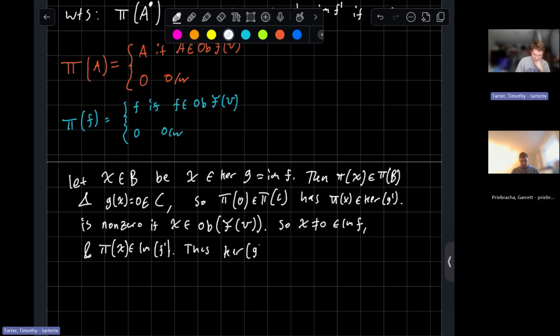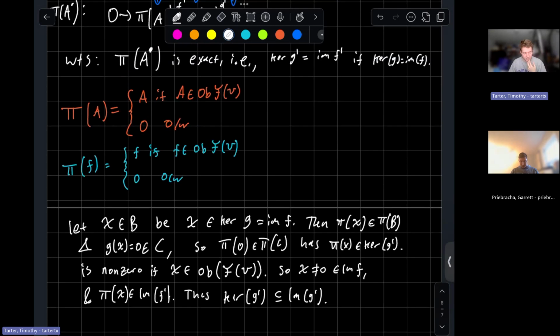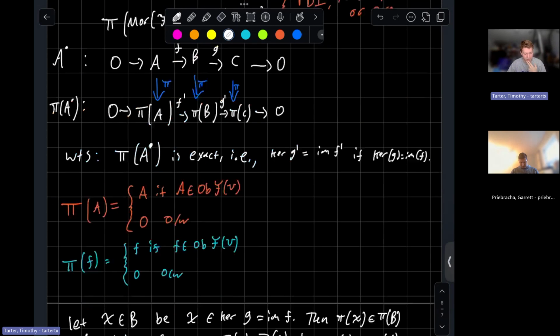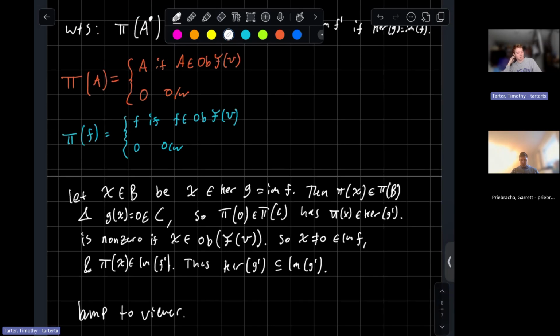Thus, ker G prime is contained in im G prime. And then it's a similar proof to go the other way, I think. So I'll leave that for the viewer. What is left to show is that the image of F prime is contained in the kernel of G prime.